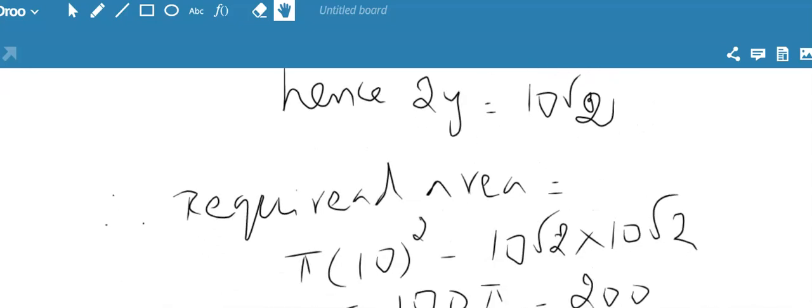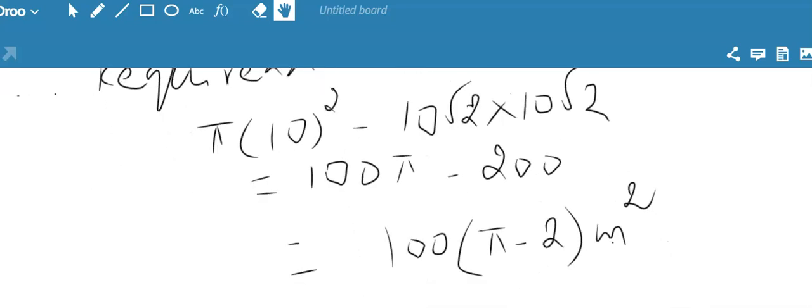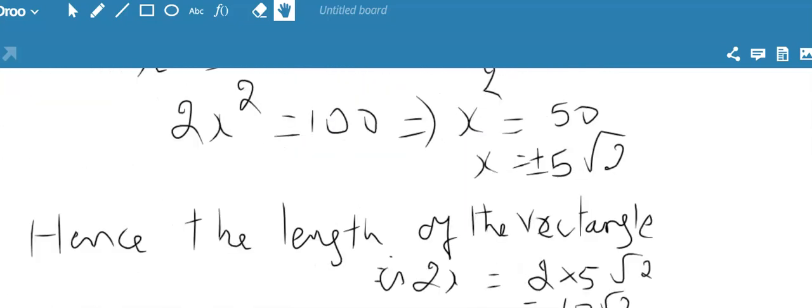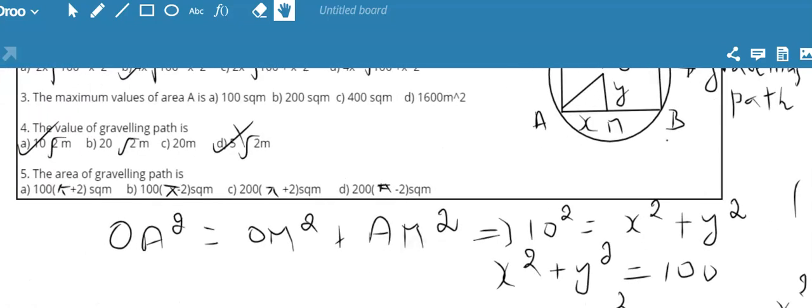Therefore the required area is equal to pi into 10 squared minus 10 root 2 into 10 root 2, which is equal to 100 pi minus 200, or take 100 as a common factor, you will get it as 100 into pi minus 2 meters square. Now from this we can see option B is the correct one.